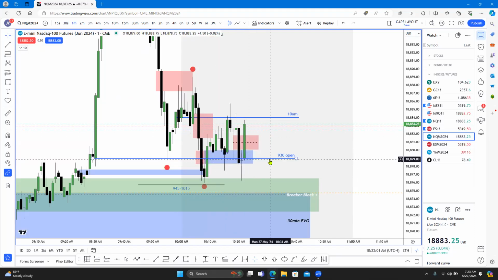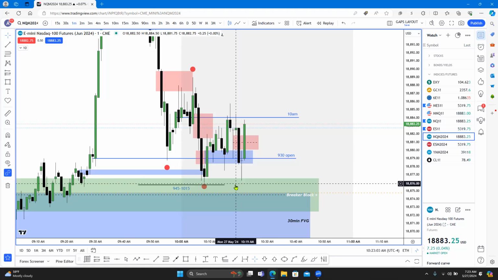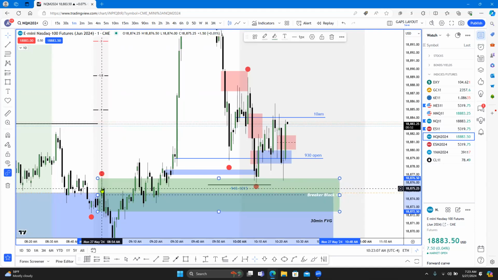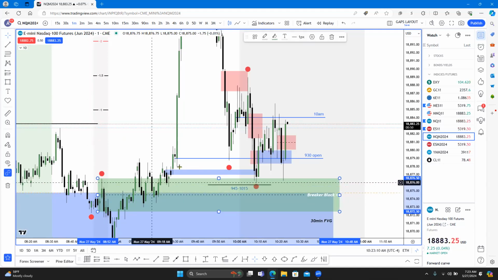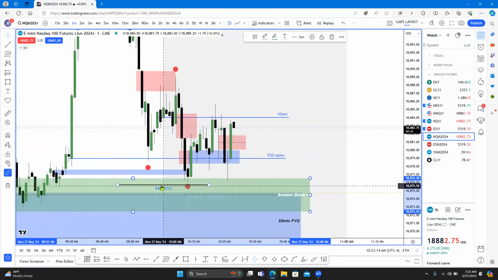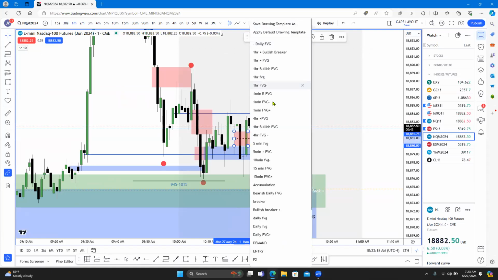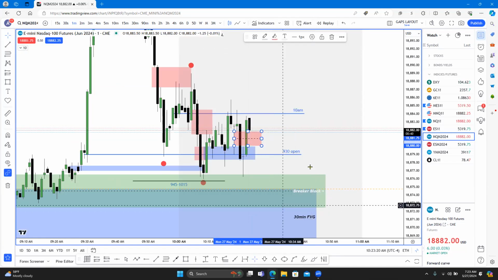We dip beneath 9:30 one more time. Tapped into this breaker from over here. These two up close. So now this is a nice inversion.